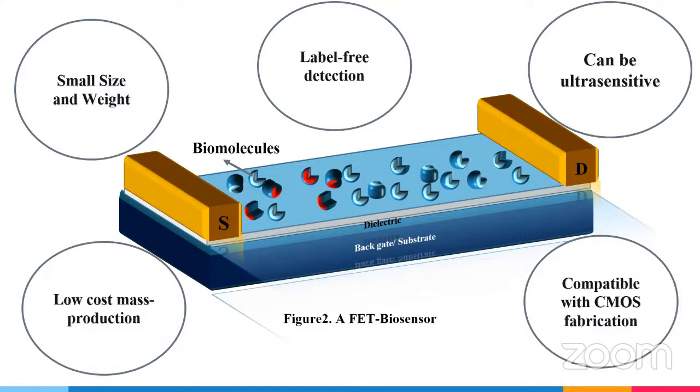It should be compatible with CMOS fabrication technology. This is very necessary in today's area, because it should be able to be fabricated with the rest of the circuitry we are working on. It should be ultra-sensitive, as I said. It should be able to detect the lowest concentration. And the special quality of this biosensor is that it is very low cost. It can be produced in mass.